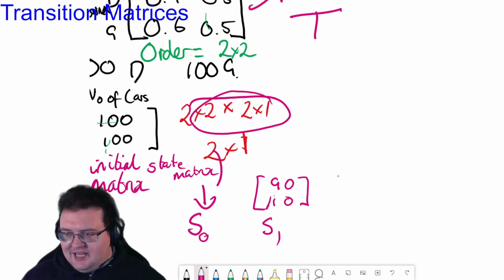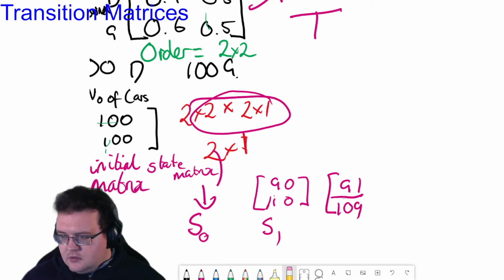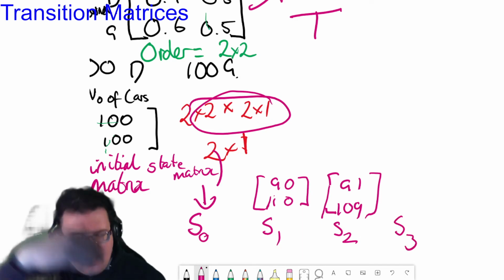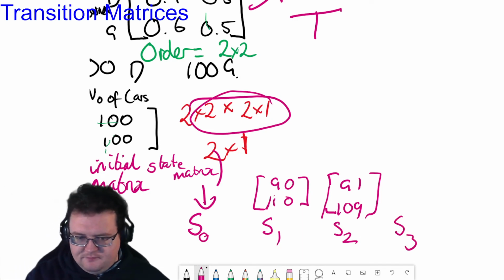If I was to repeat it again, it would be 91 and 109. And that would be S2. If I did the calculation again, we'd call it S3. And so on and so on and so on.